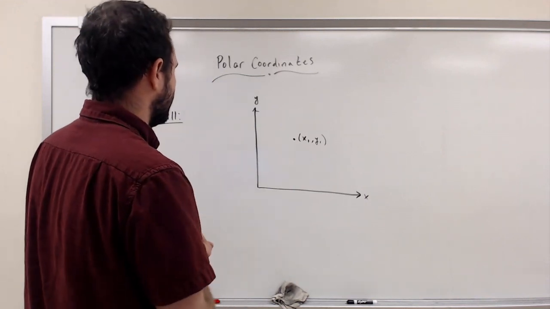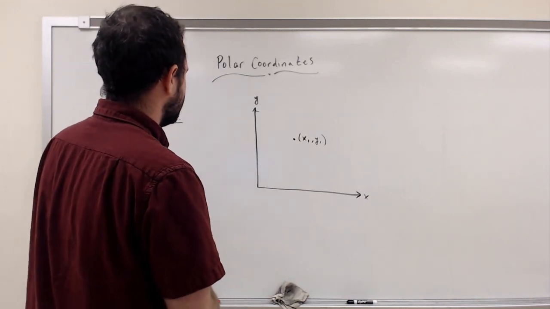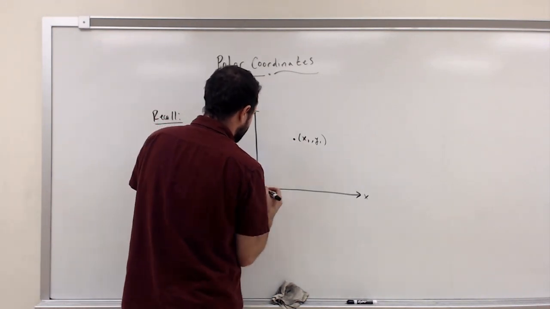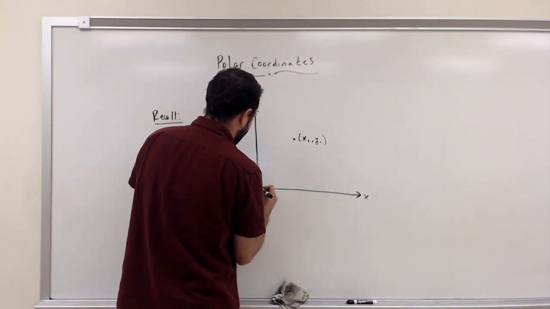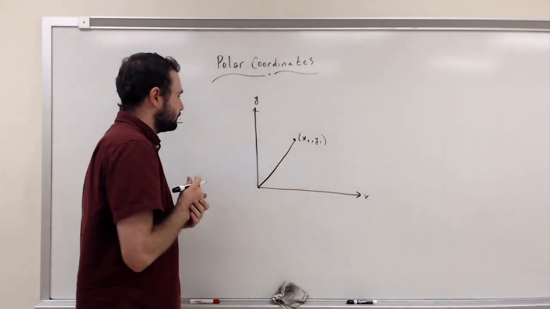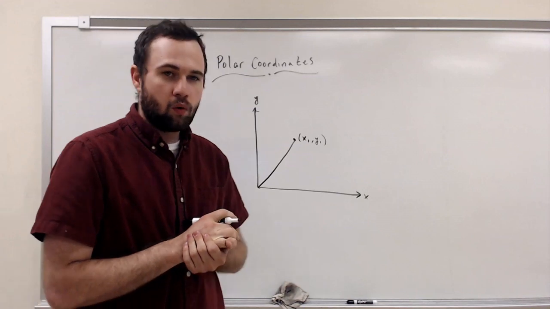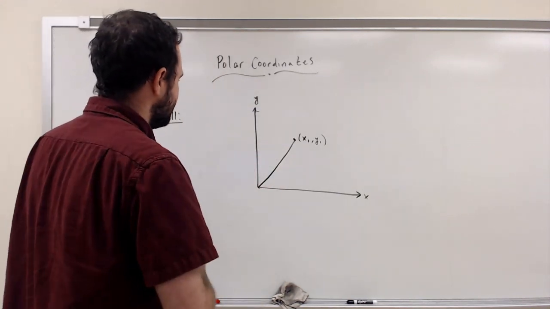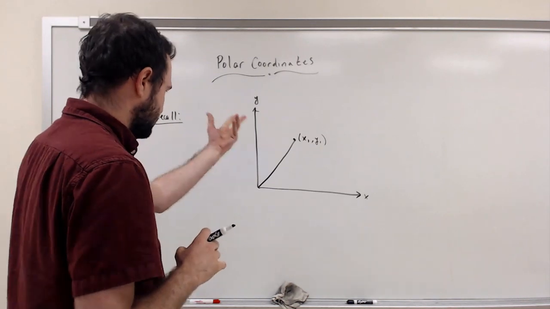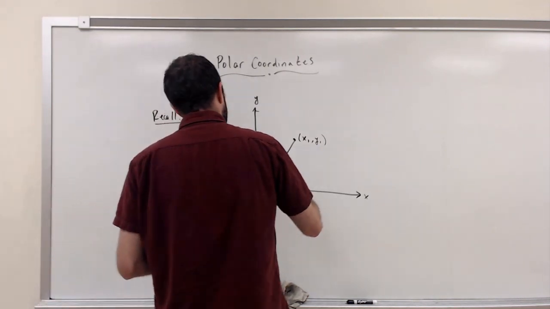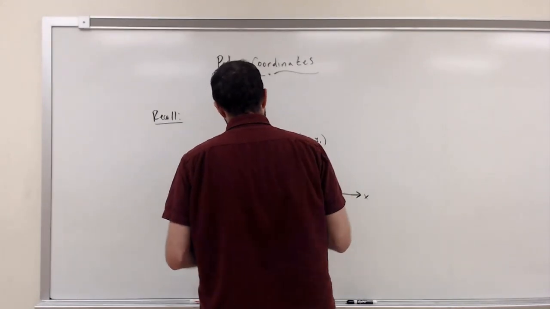So if we look at this point, let's try connecting the origin to this point with a straight line. Just pretend that's straight. This has a distance, right? We'll call it r. So there's r.